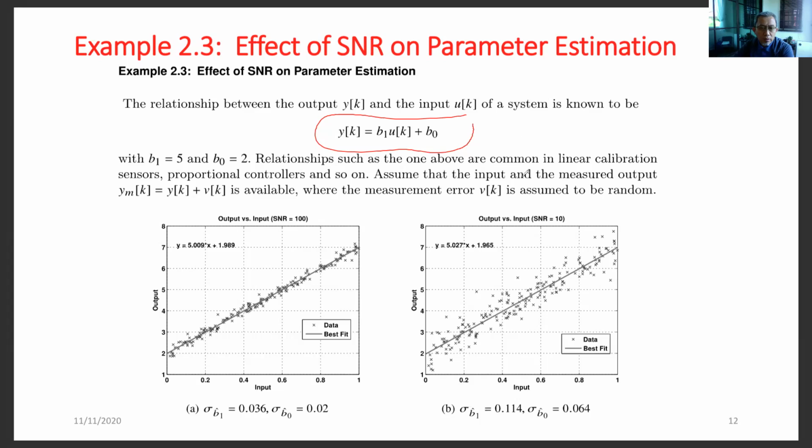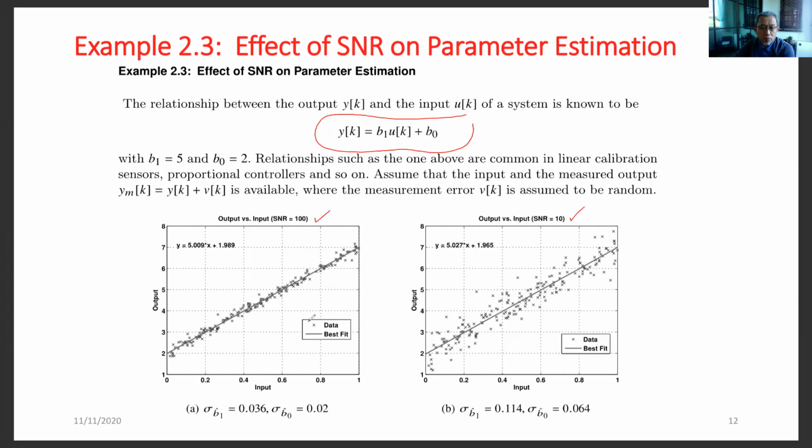So we conduct the experiment under two conditions. First, the signal to noise ratio is 100. Second, the signal to noise ratio is equal to 10.